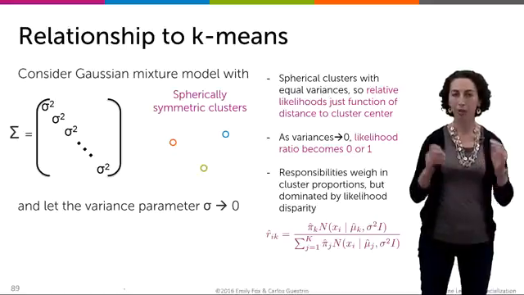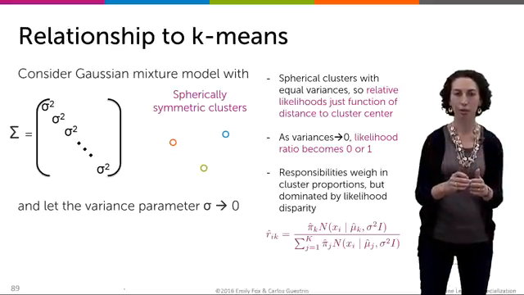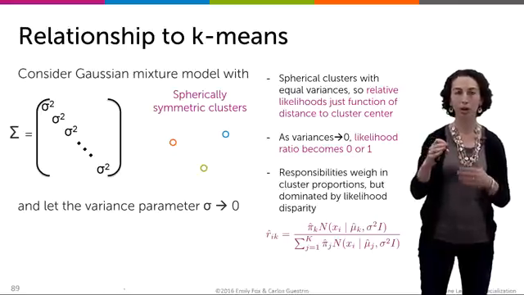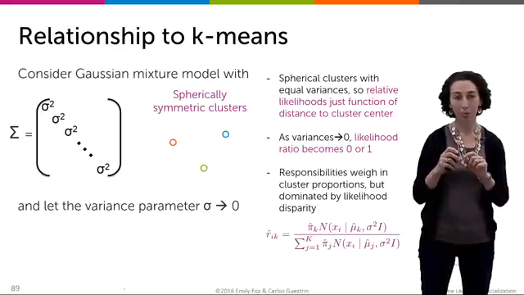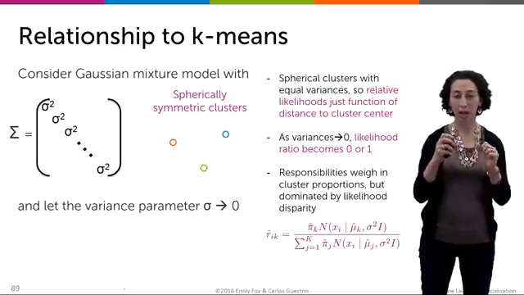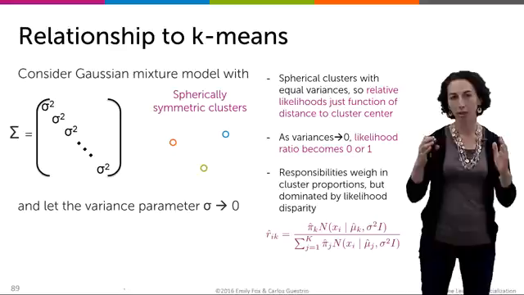And because we've driven those variances to 0, those relative likelihoods go to either 1 or 0. And this happens because of the certainty the clusters have, indicated by their 0 variances, or in the limit 0 variances.